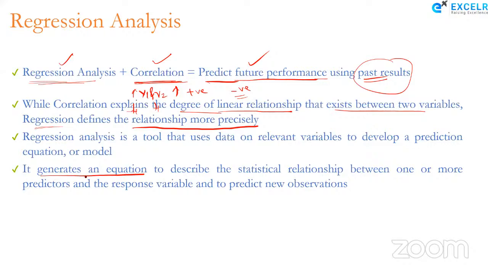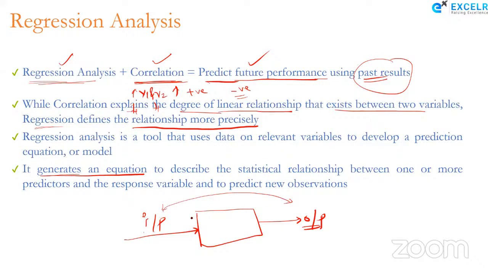I'll give certain input to a box and say, predict me the output. For that, first we need to establish a relationship between the input and the output, basically between your X variables and the Y variable. This relationship we need to model using an algorithm, and this particular model is nothing but what we are talking about as part of this regression analysis.